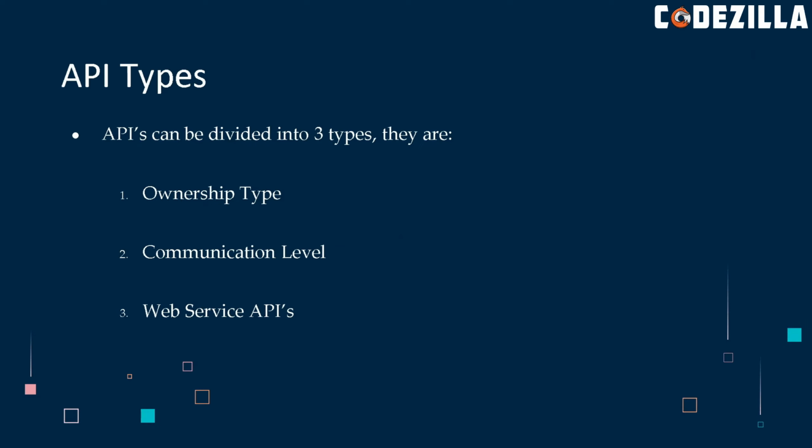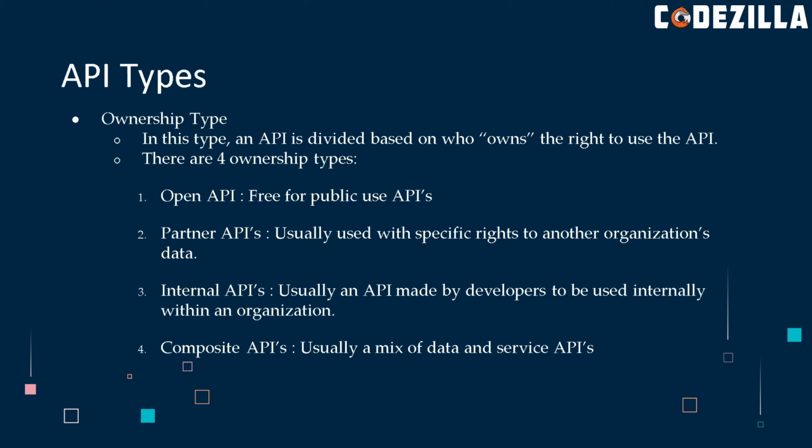An API is broadly categorized into three different types: ownership types, communication level, and service and web service APIs. For ownership types, it is based on who owns the right to use the API. So there are four types available. We have open API, which is free for all and usually is throttled.